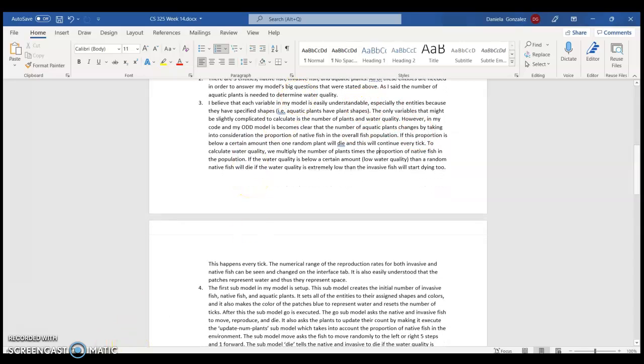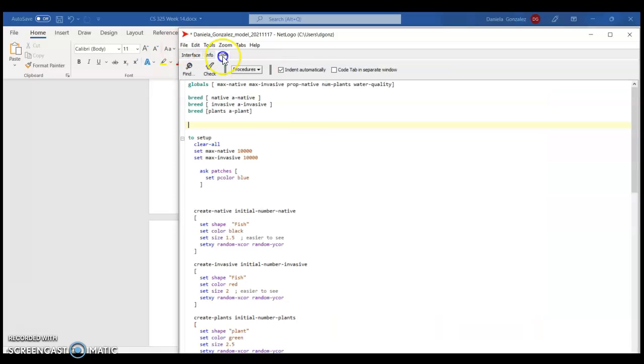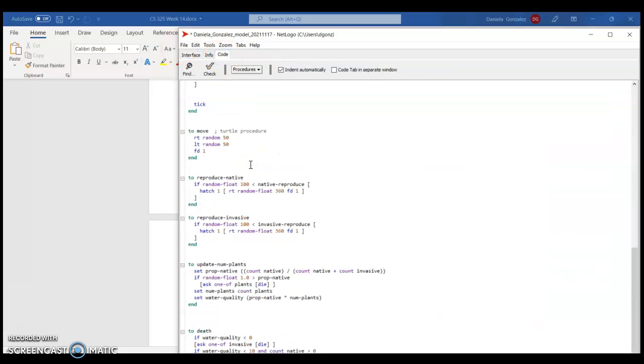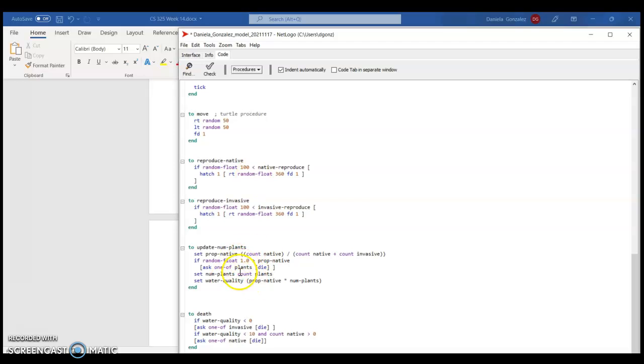The only variables that are slightly complicated are how I decided to calculate the number of aquatic plants and water quality. So that's mostly over here. Like I said earlier, we start with 150, but then in this submodel, update number of plants, we're taking into consideration the proportion of native fish, which is just what it sounds like, the proportion of native fish in the overall population. And then if a random float is greater than that proportion of native fish, we're going to ask one of the plants to die.